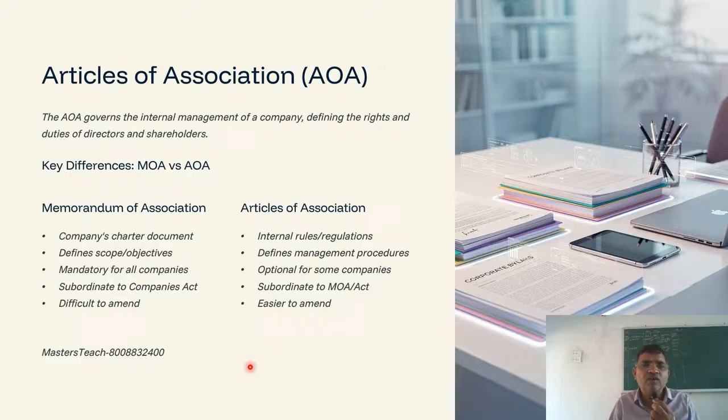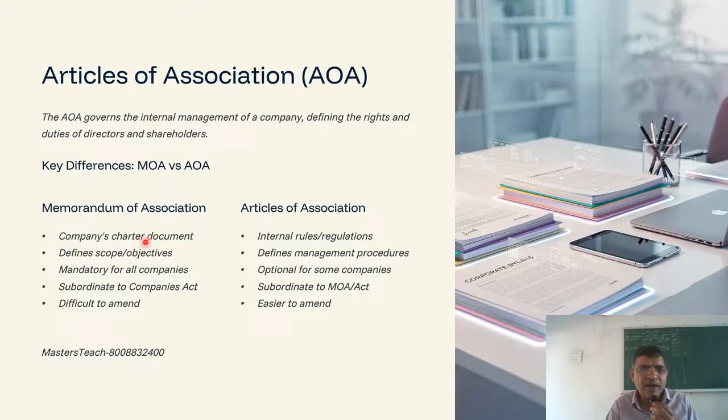Then articles of association. What are the articles of association? When the company's formation takes place, it is an internal document on how to manage the company. It defines the rights and duties of directors as well as shareholders. Let us have some clarification on the key difference between the memorandum of association and the articles of association.